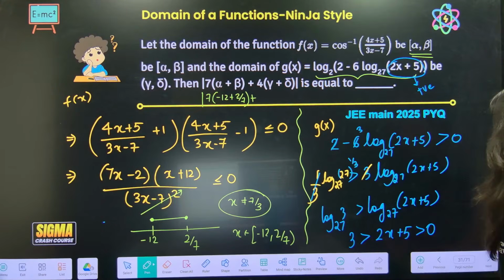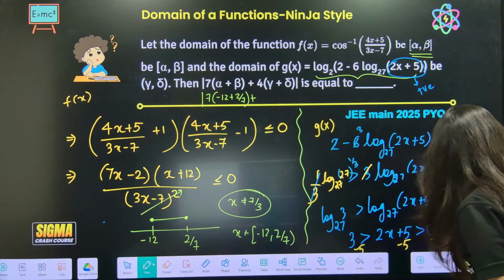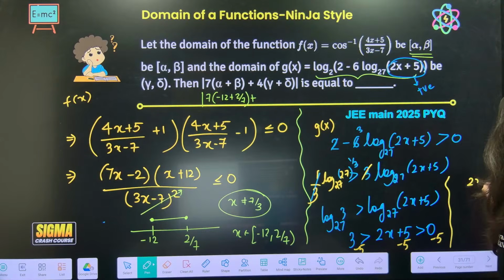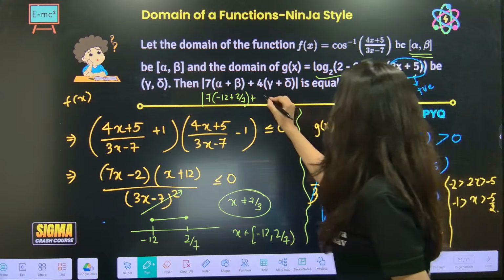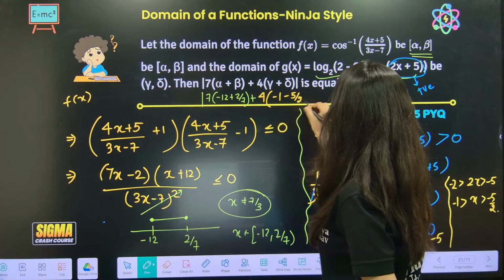So now subtract 5 from all sides, and you will have 2x between minus 5 and minus 2. So x is lying between minus 5 by 2 and minus 1. So this is 4 times minus 1 minus 5 by 2.